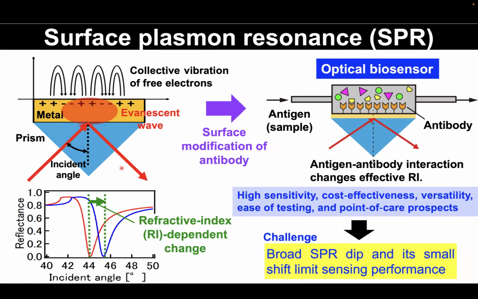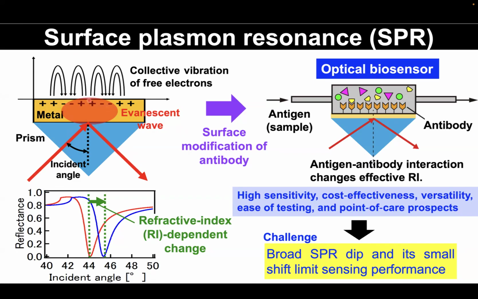In SPR, when a monochromatic laser light enters a glass prism covered with a metal thin film at the total reflection angle, the induced evanescent wave is coupled with a collective vibration of free electrons in the metal, namely surface plasmon.